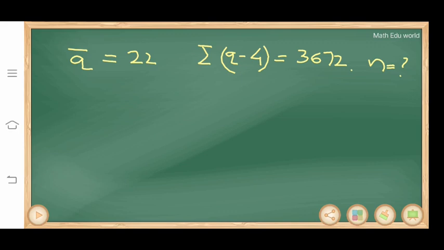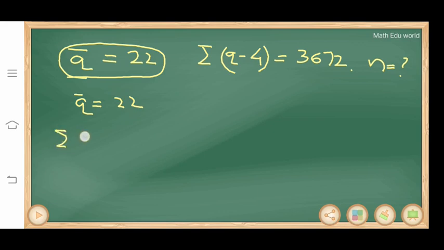So here when we are doing this question, use the pure form of q bar. It's given that q bar is 22. When we write the formula for q bar, it is nothing but sigma q minus 4 divided by n plus 4, which is equal to 22.